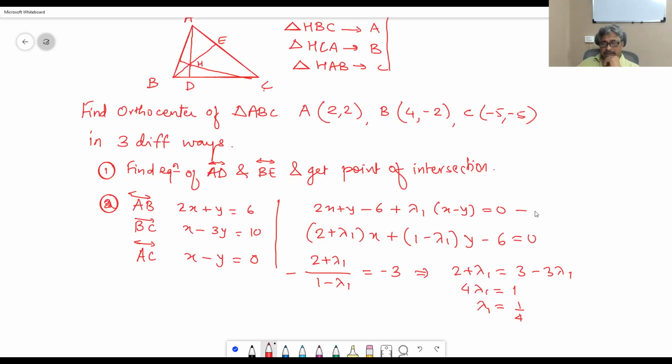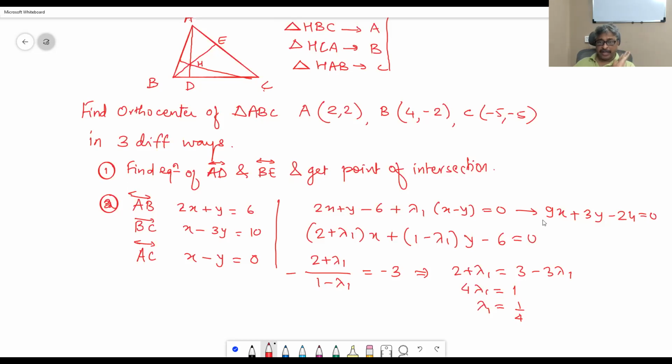I'm just doing it for academic purpose. It's a very long process, but anyway. So if I put 1 by 4 here, I get 8x plus x, that is 9x, and so on.